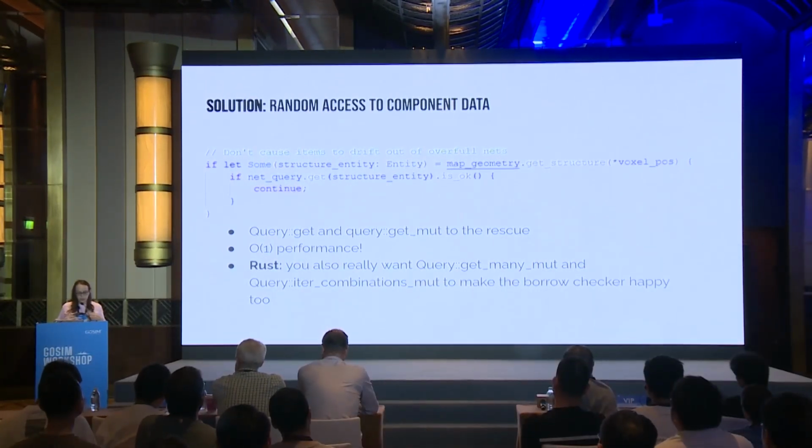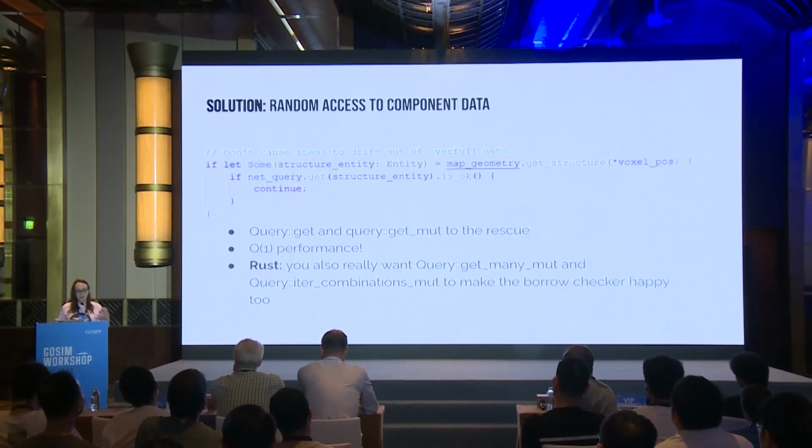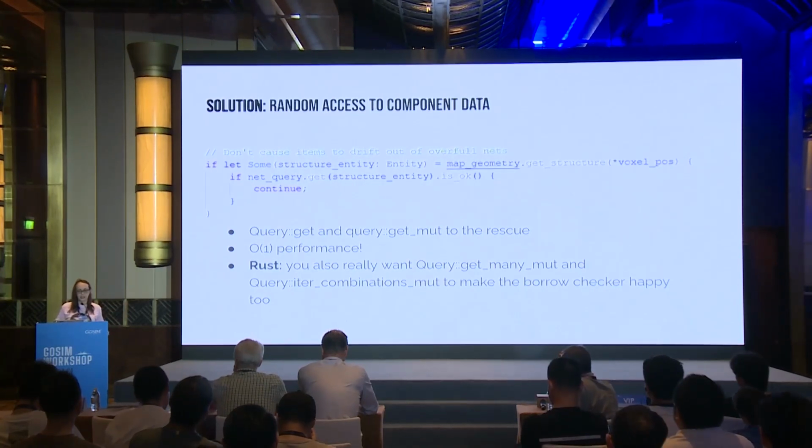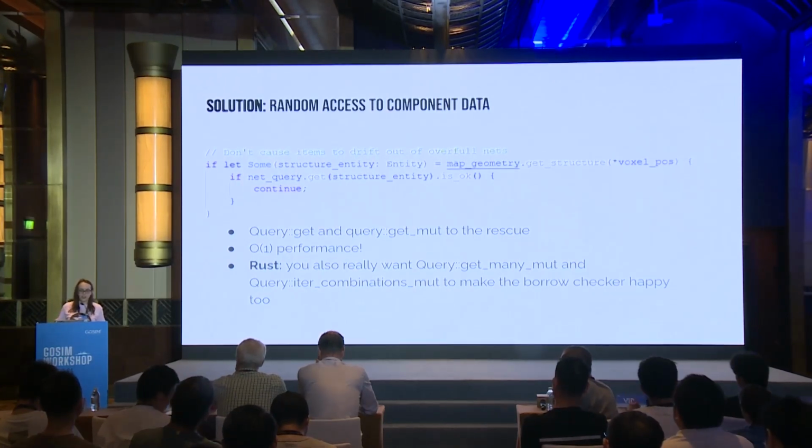If you call query.get or query.get_mut, you can access the data of specific entities in constant time, regardless of how many entities there are. And so you get all of the benefits of a hyper-optimized vector for very fast iteration, and it also works like a hash map. And this is incredibly powerful.